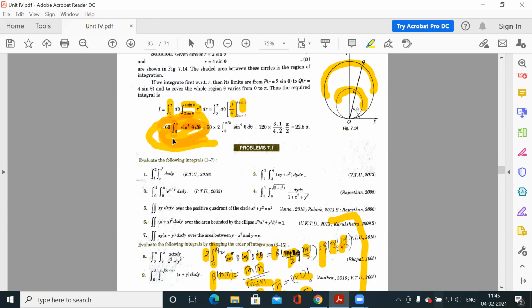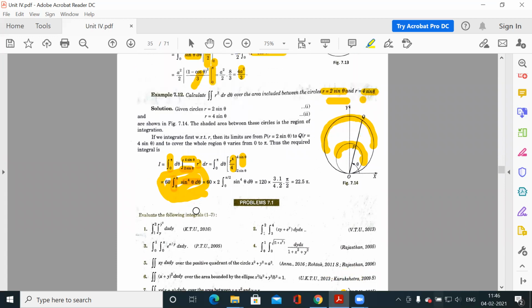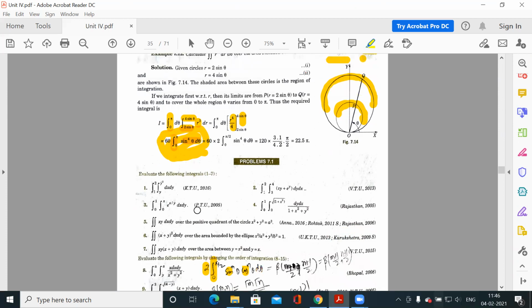So what is the value? 60 into the integration of this. The limits must be 2 times 0 to pi by 2. So first you have to make the limits 0 to pi by 2, so we have multiplied by 2 and made the limits 0 to pi by 2.